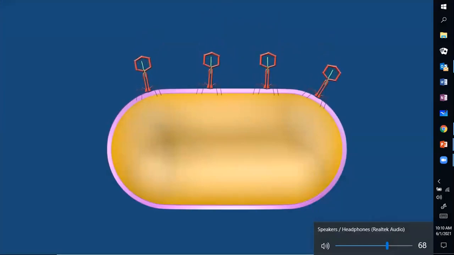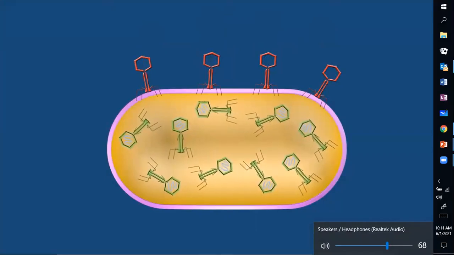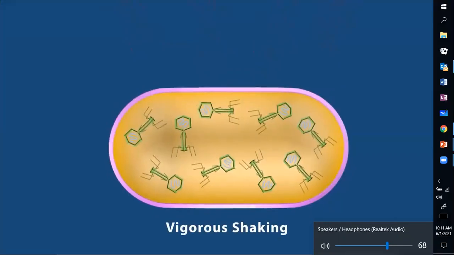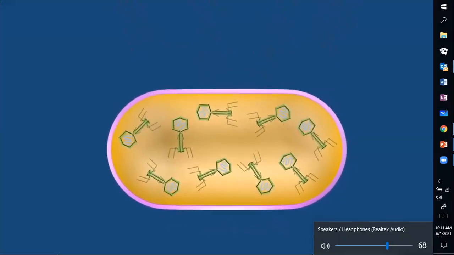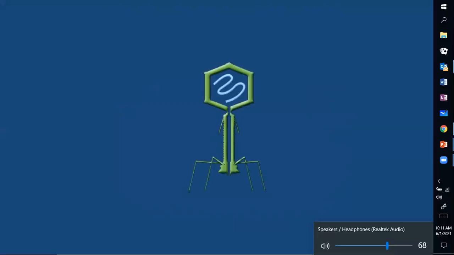The phage attached to the bacterial cell and injected their DNA, but the radioactively labeled protein coat remained on the outside of the cell. The phage produced in these cells contained no radioactivity. The vigorous shaking caused the empty protein coats to be removed, but did not interfere with the production of new phage in the cell. In the second part of the experiment, phage was produced in a medium containing 32P labeled deoxyribonucleotides.